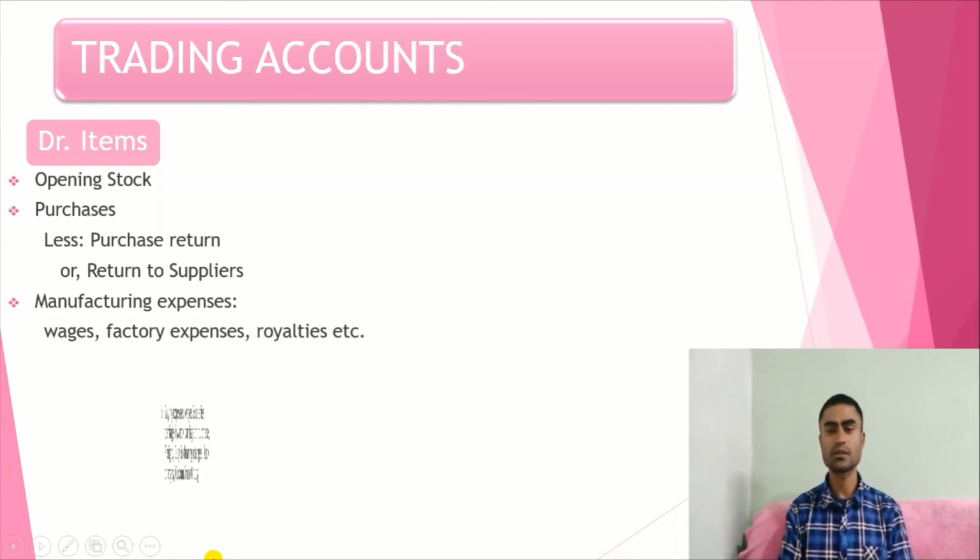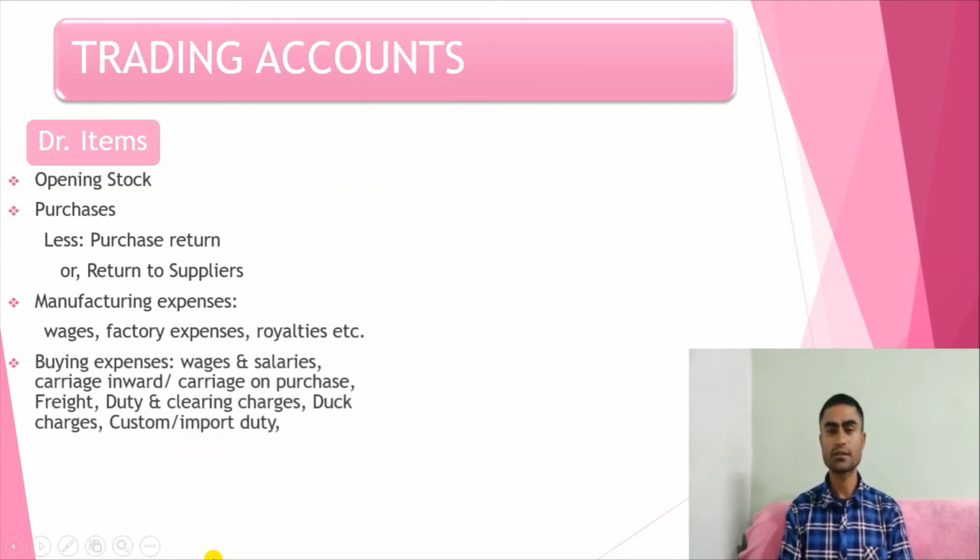Similarly, buying expenses like wages and salaries, carriage inward, carriage on purchase, freight, duty and clearing charges, dock charges, custom duty, that is also called import duty. So these are recorded in the debit side as well. Similarly, excise duty and stores consumed are also recorded in the debit side.